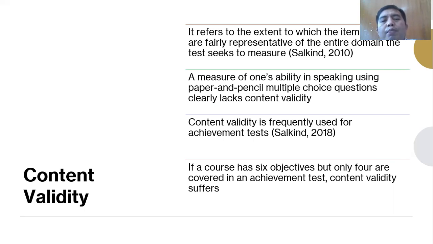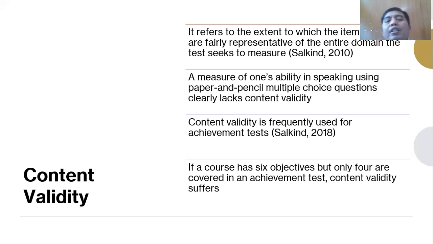For example, if you are measuring a student's ability in speaking, but then you use a paper and pencil test, then your test could not represent the domain of speaking ability. So we can conclude that your test lacks content validity.